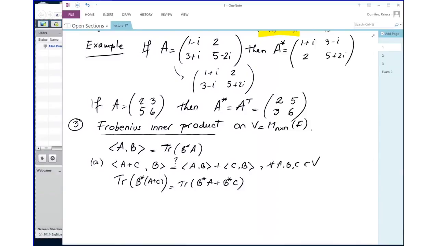There's just the sum of the diagonal entries, but if you add two matrices, you add what's on the diagonal of the first one to what's on the diagonal of the other one. Trace is linear. Trace of B star A plus trace of B star C, and that is, of course, the inner product between A and B plus the inner product between C and B.